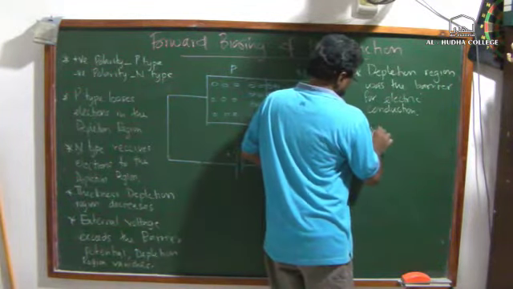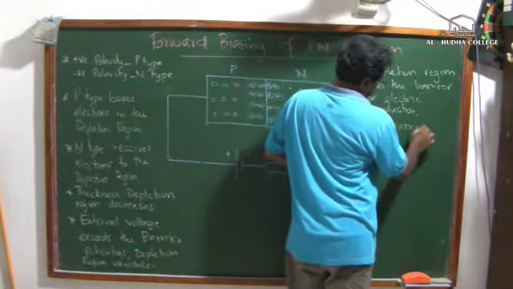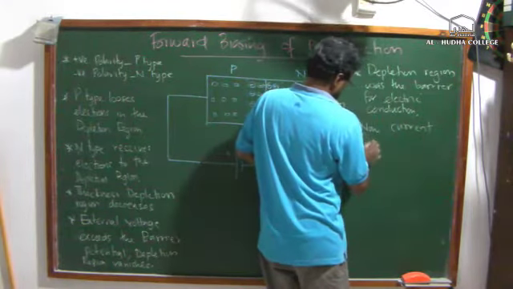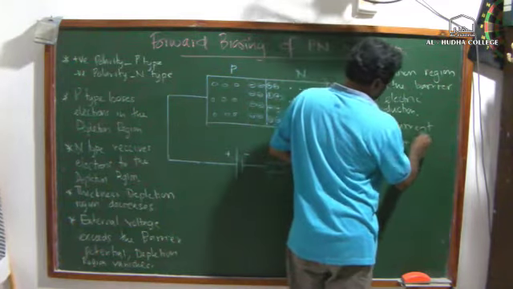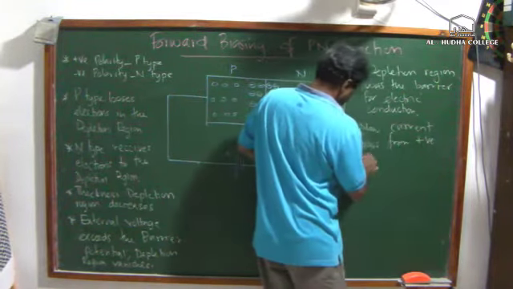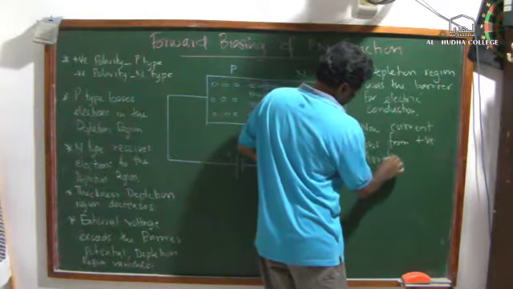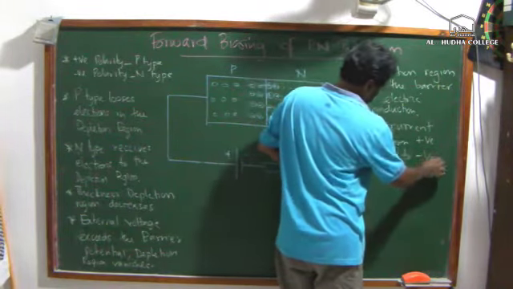Now current flows from positive polarity to negative polarity.